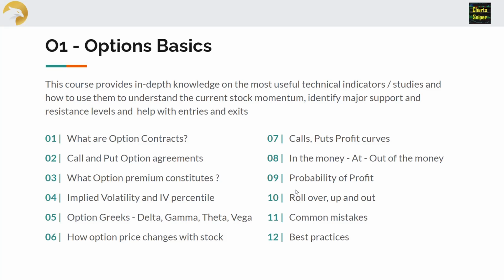Trading options along with a good understanding of trading stocks and technical analysis will always help. There will be a completely different set of courses for technical analysis of stocks, because the entries and exits into the option contracts are completely dependent on the price of the stock, and they are very similar to buying and selling a stock.